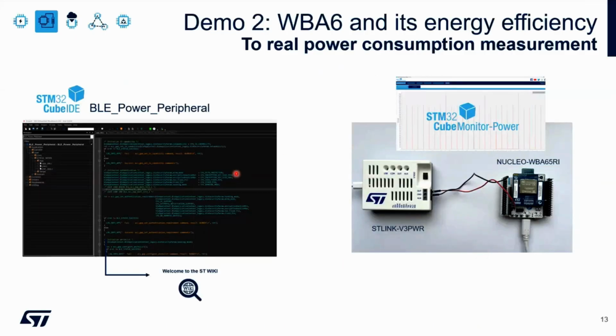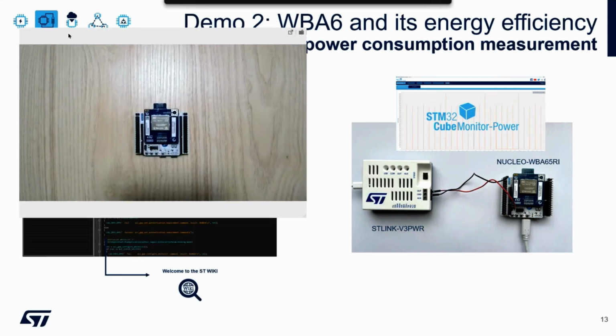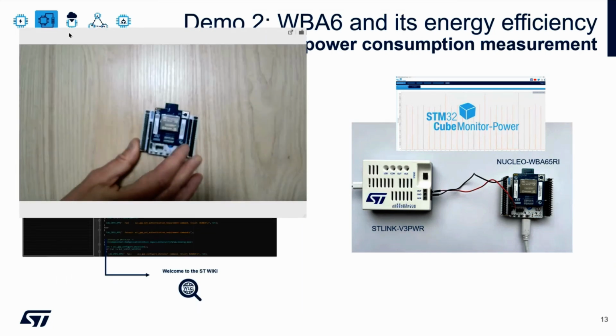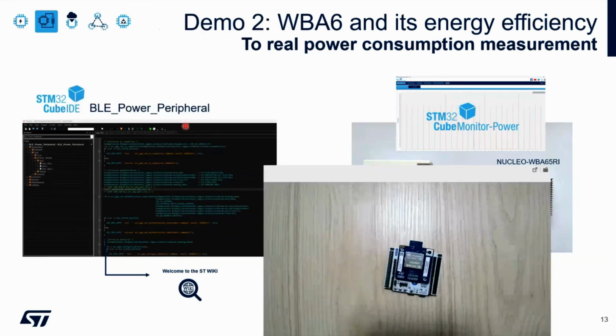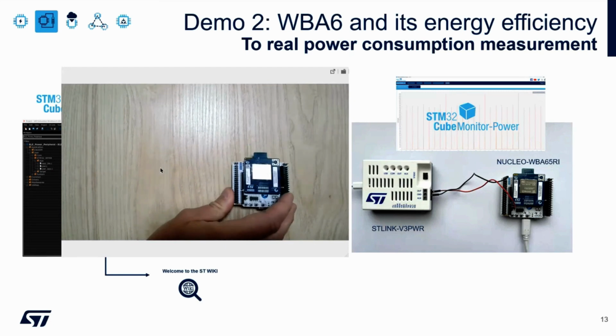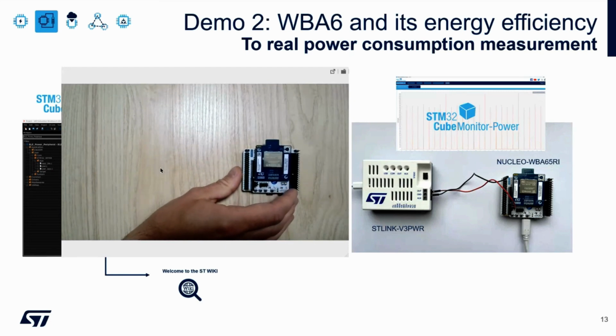That's the point. So that means on my desk, I will still have my Nucleo WBA6, which I will have to flash for this BLE power peripheral. And maybe at home or at work, you have some quite complex DC power analyzer, which is very nice, but quite expensive.